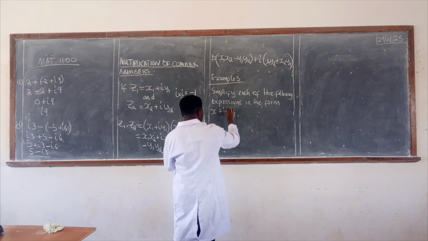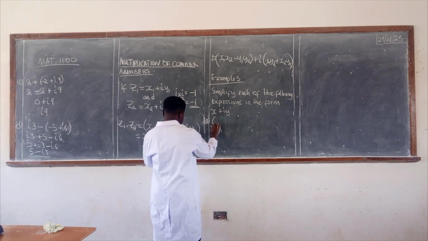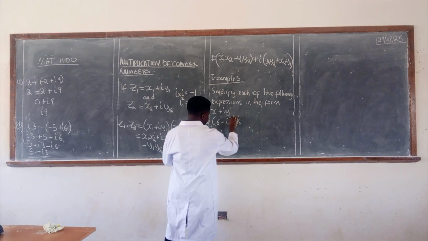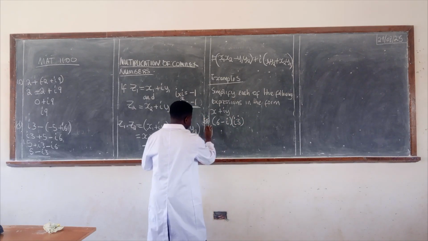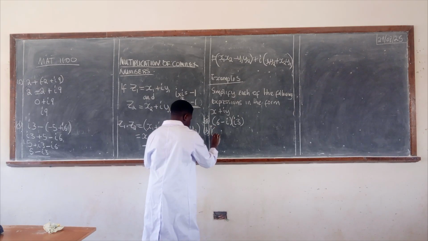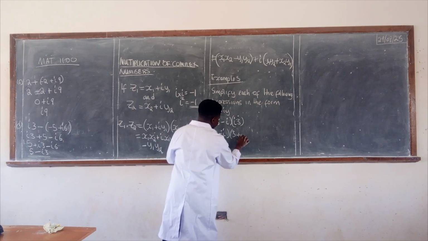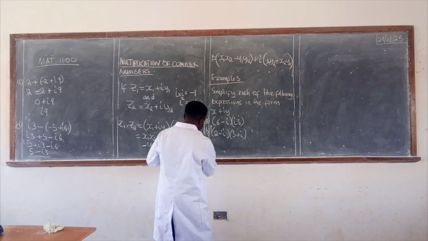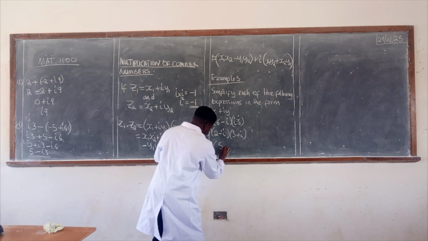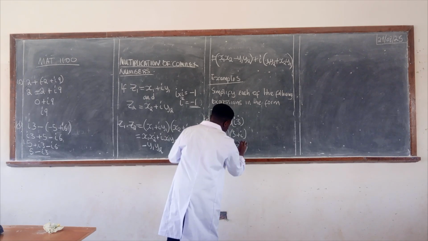So we have our a, which is 6 minus i3. We have our b, which is 2 minus i3 plus i. And finally, our c, which is 5 plus i3 squared.